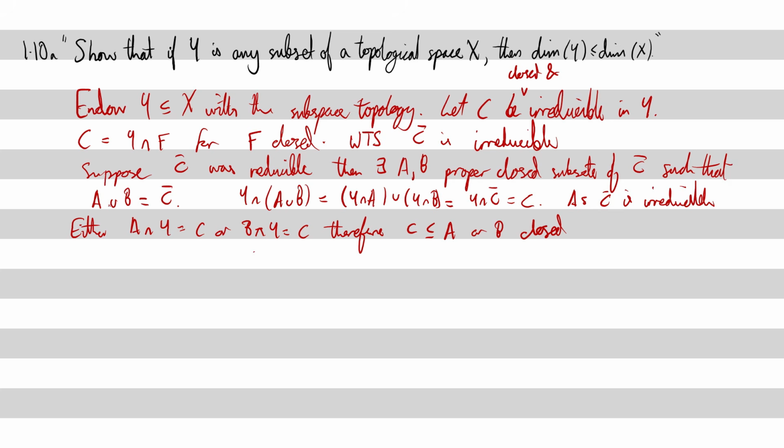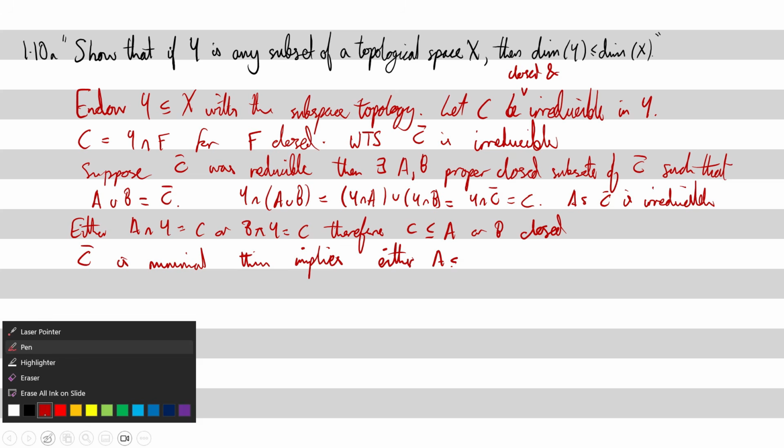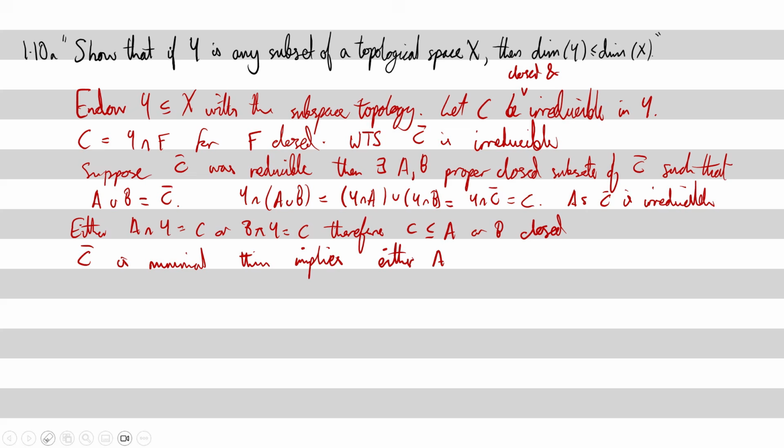But as C bar is minimal, this implies either A is a subset and not equal to C bar, which is itself a subset of A, which is a contradiction.